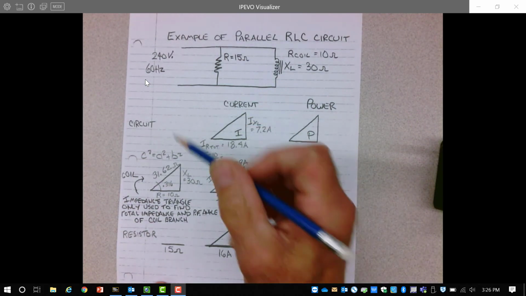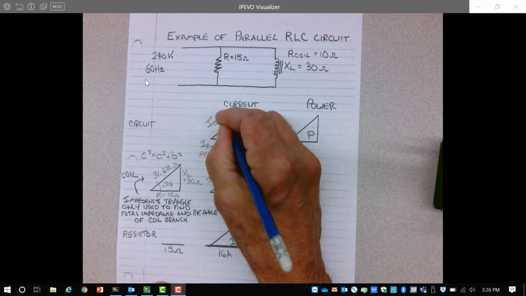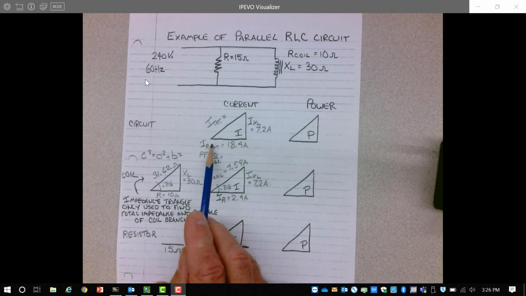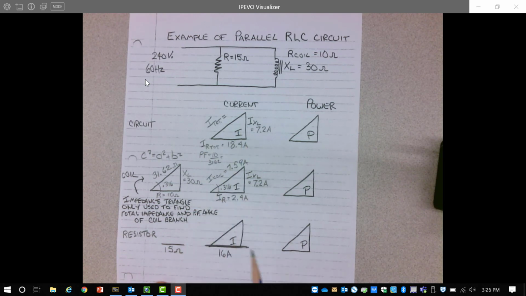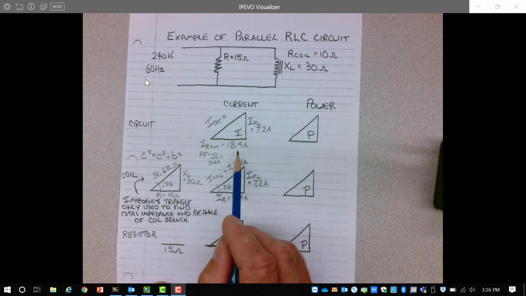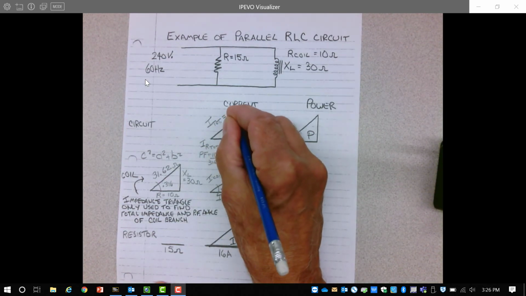And now the current total for the circuit is simply the vector sum of the resistive current and inductive current. C squared again equals A squared plus B squared. So my hypotenuse will equal the square root of 18.4 squared plus 7.2 squared. And that number should be 19.76 amps.